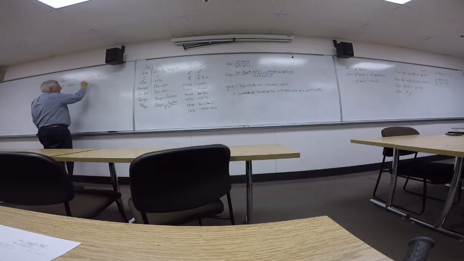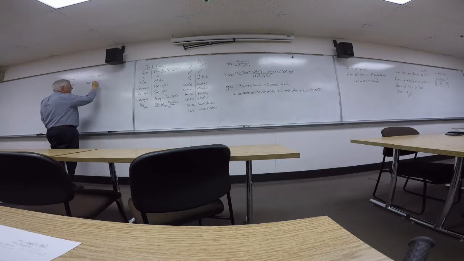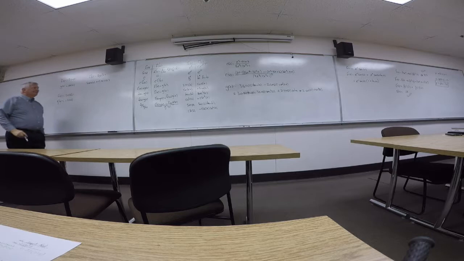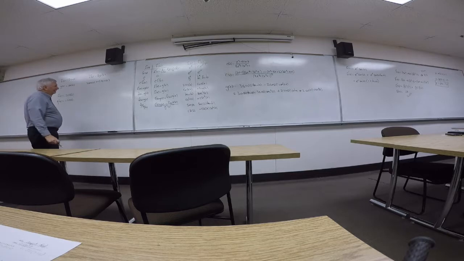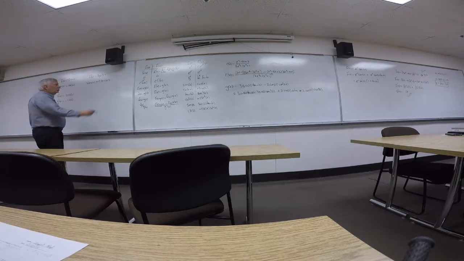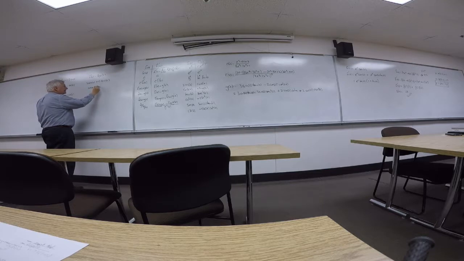That is 2 cosine x is equal to twice minus sine of x. Let's divide by 2: cosine of x equals minus sine of x.